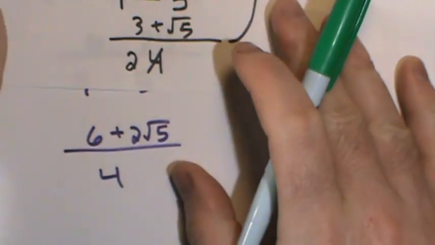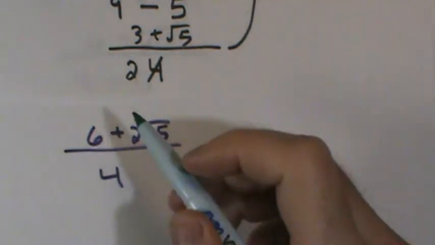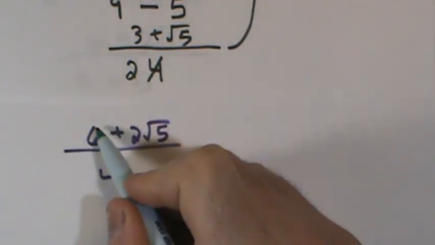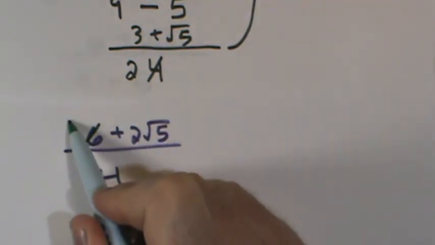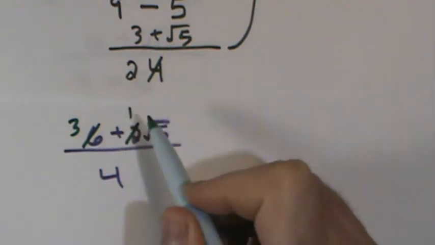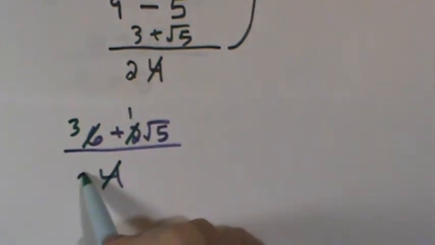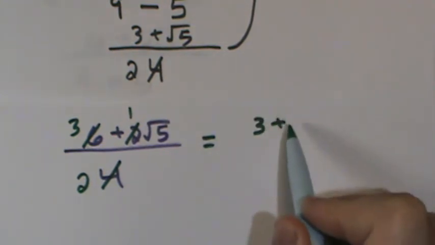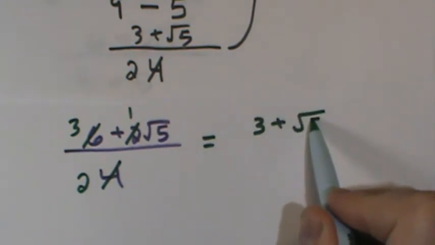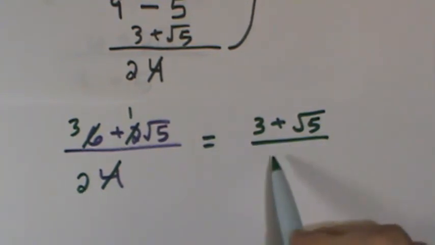Notice that I can take a 2 out of each and every part here. I divide by 2, I get 3. I divide by 2, I get 1. I divide by 2, I get 2, which means that this is equivalent to 3 plus 1 rad 5, or just rad 5 if you prefer, over 2.